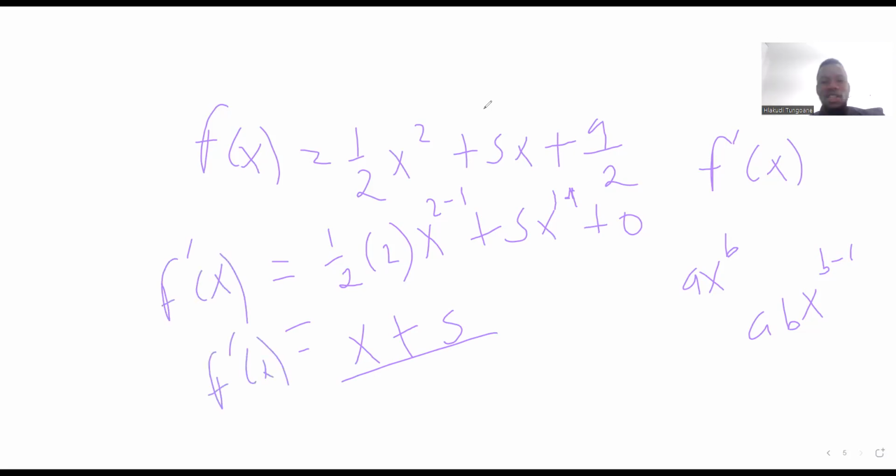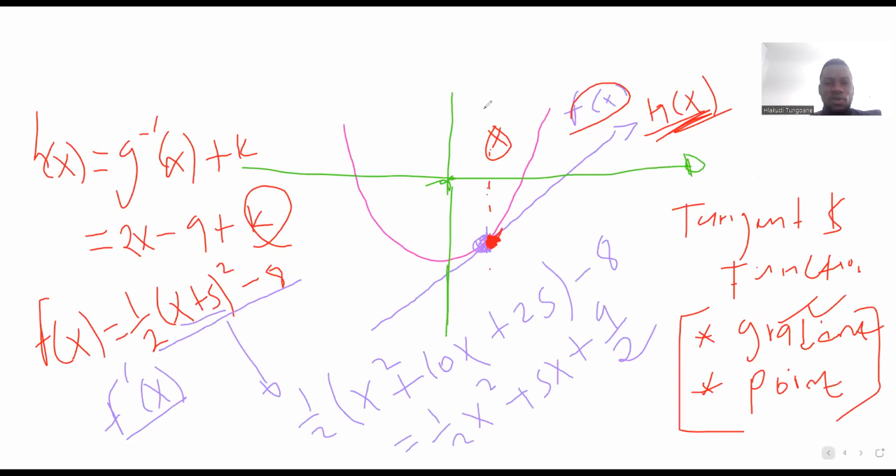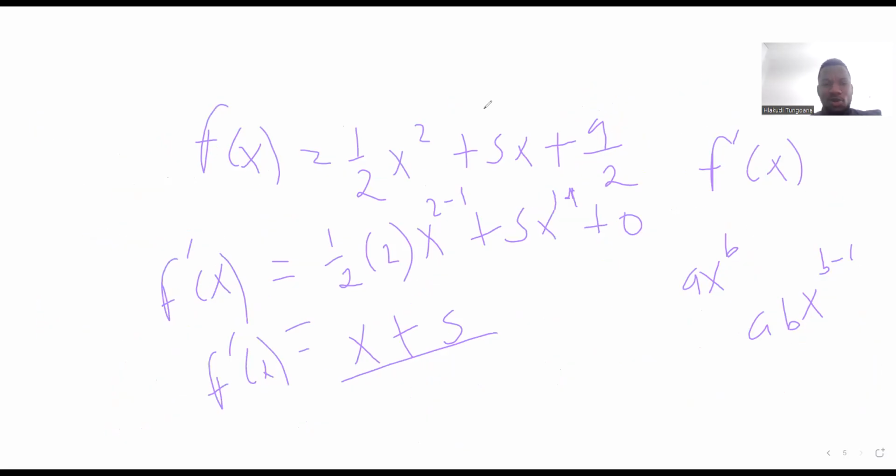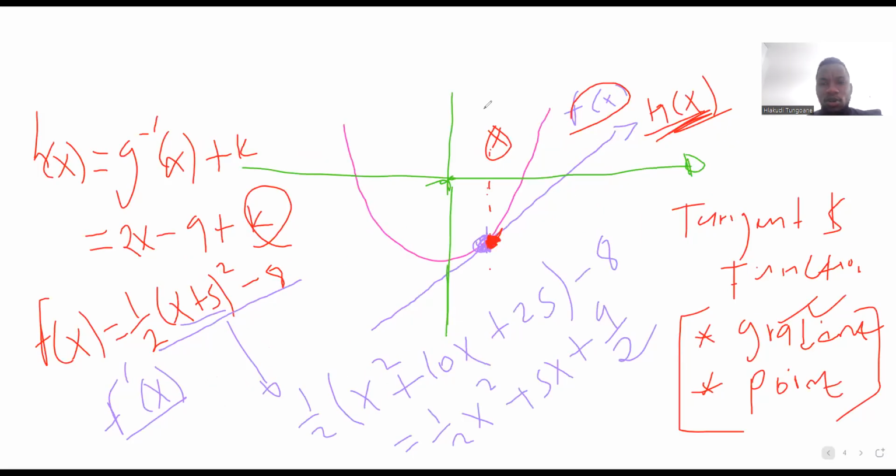Now that you have the derivative of f of x, for any value of x on the curve f of x, if we substitute that value into this function, it's going to give us the derivative. But what do we know? We know at this point that the gradient of the tangent and the curve is the same, right? And we know the gradient of the tangent is 2.